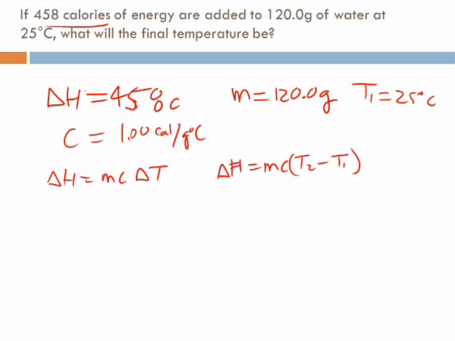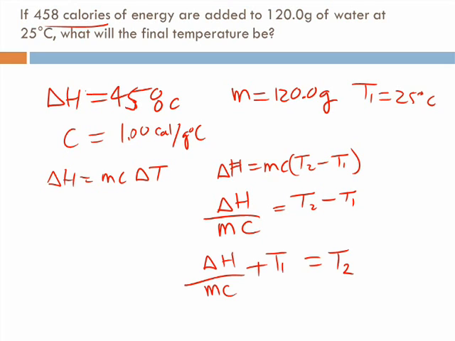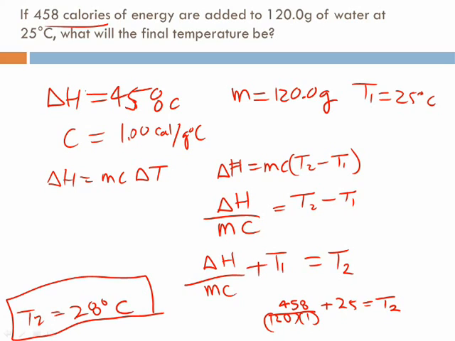Let's solve for this. Delta H divided by mc equals T2 minus T1. Plug in. That's the fun part. And we will find that T2 equals 28 degrees Celsius. And that is our final answer.